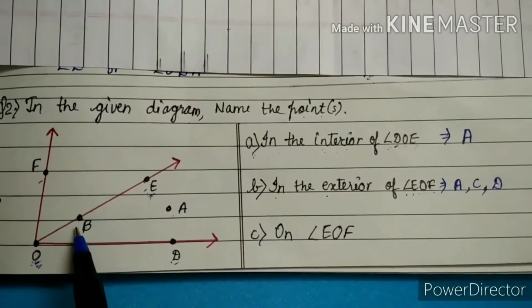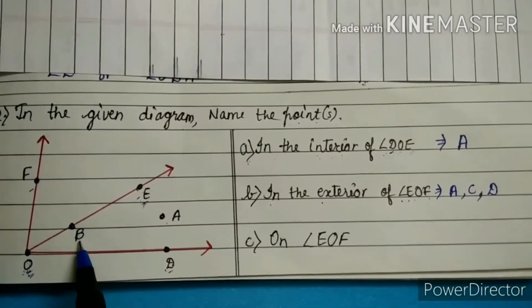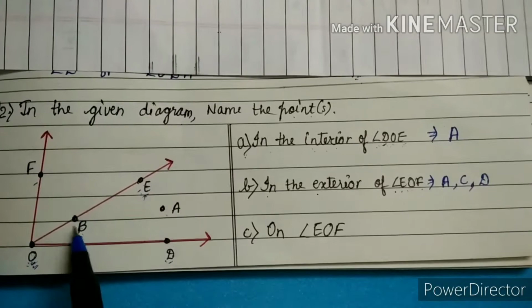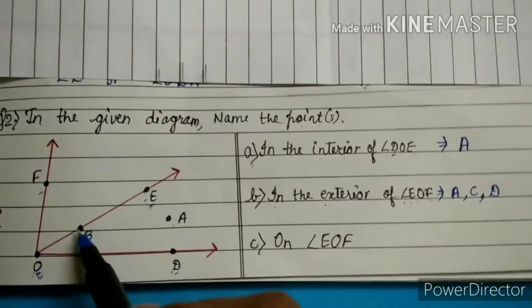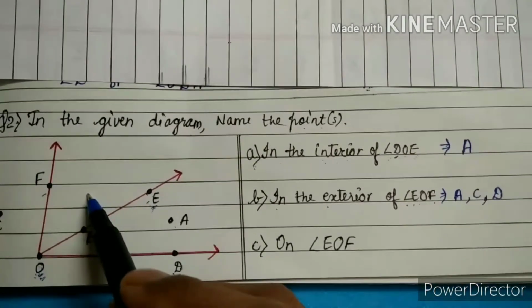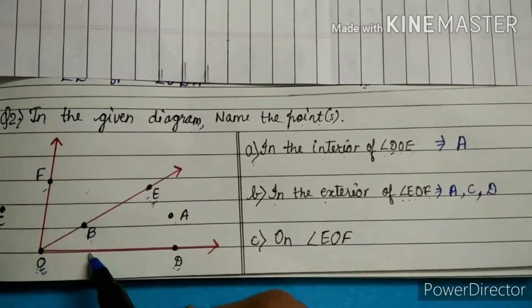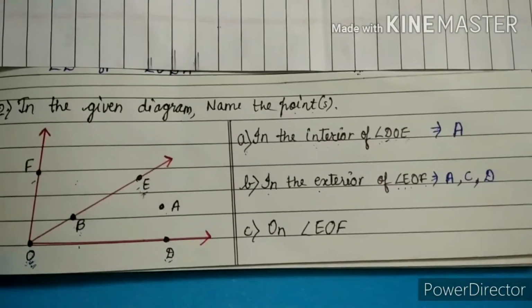Why did we not take B? We did not take B because B is present on the boundary of the angle. It means B is not inside the angle, B is not outside the angle, B is on the boundary.